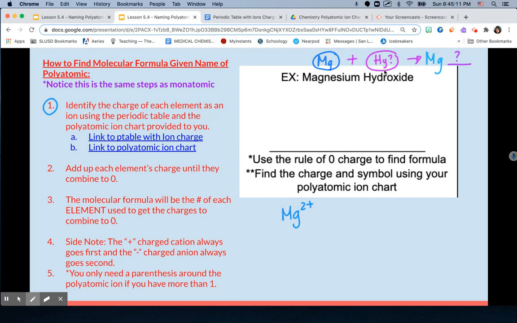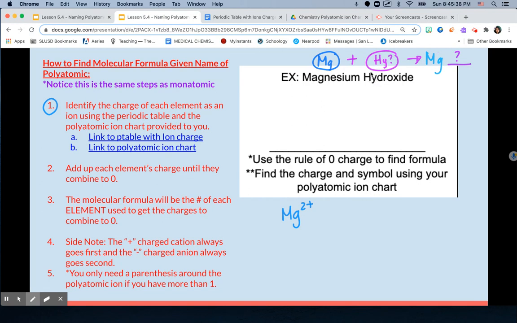The second thing I need to do, also in step 1, is to find the charge of hydroxide, right? And if I look up hydroxide in the periodic table, it's not going to be there because there's nothing called hydro. Well, it sounds kind of like hydrogen, but hydrogen would be hydride at the end, right? Not hydroxide.